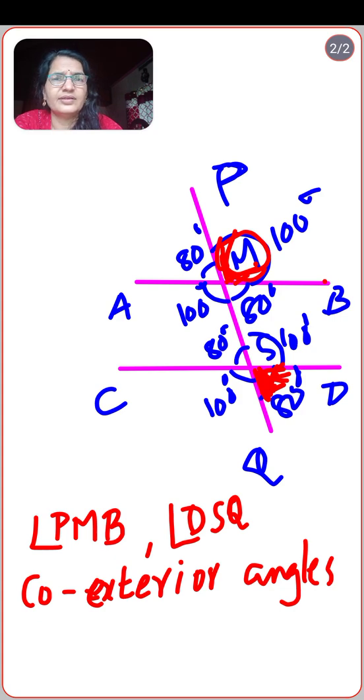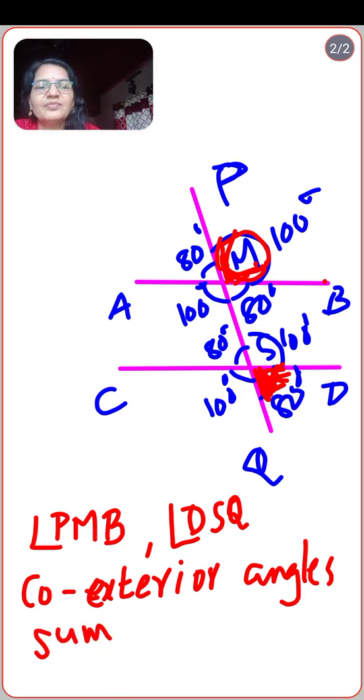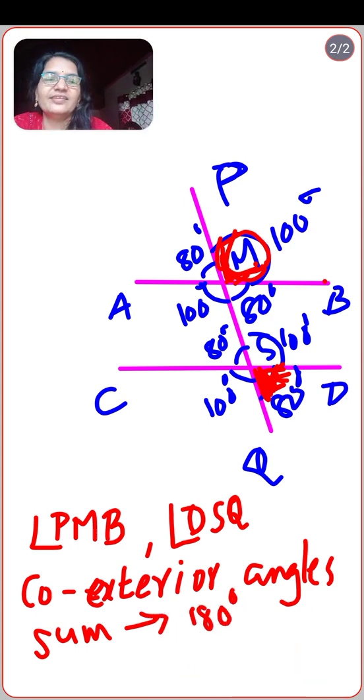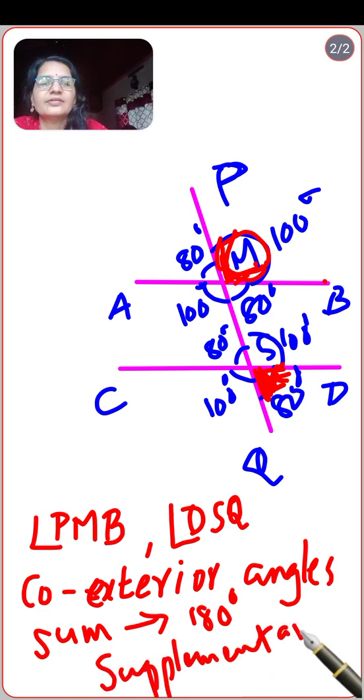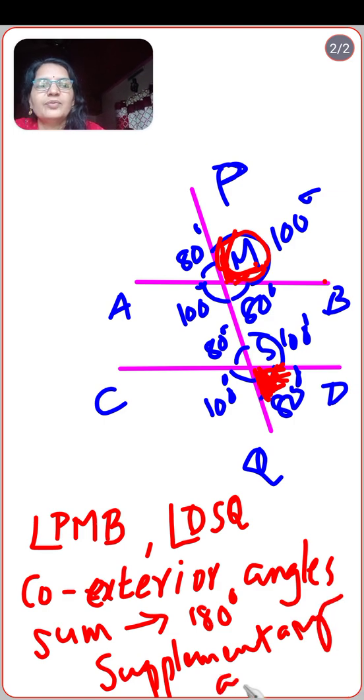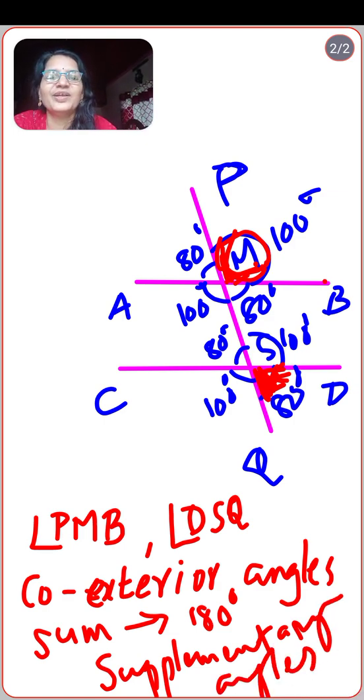Can you say something about their measurements? Here one is 100 degrees, this one is 80 degrees, and the sum is 180 degrees. So we can say they are also supplementary angles. Co-exterior angles are also supplementary angles.